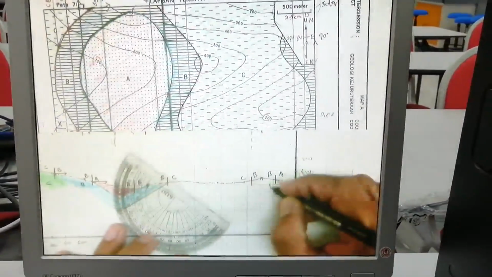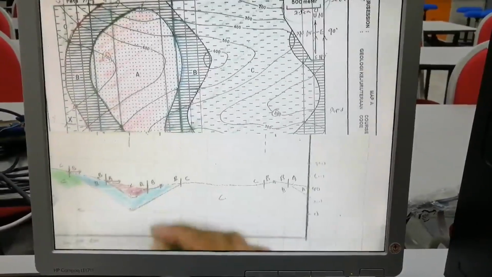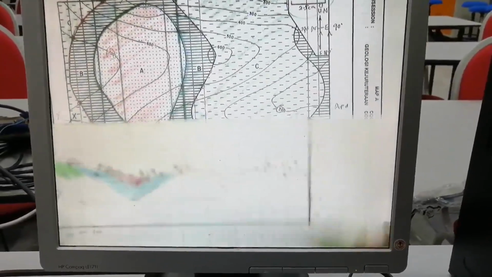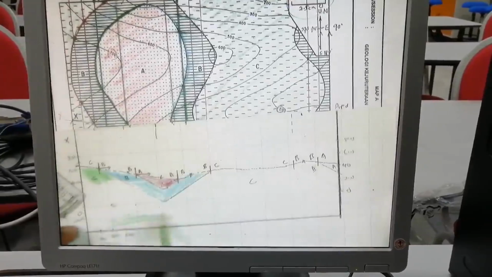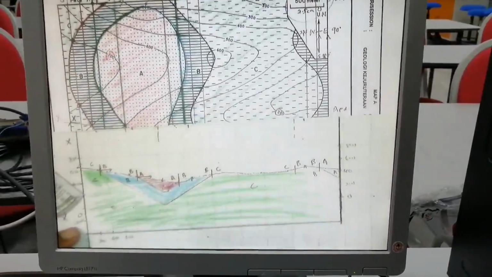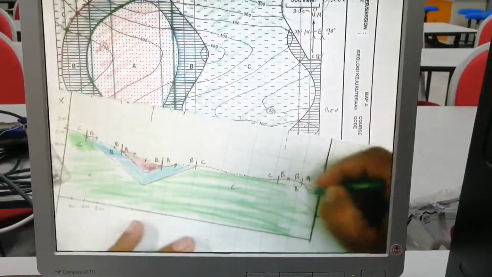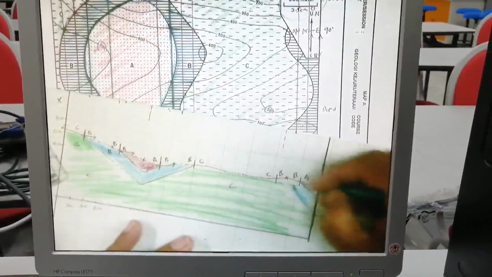Then this is one B, this one A, this one C. All is C, so you can draw all this green. This one is B. Okay, this one is A.